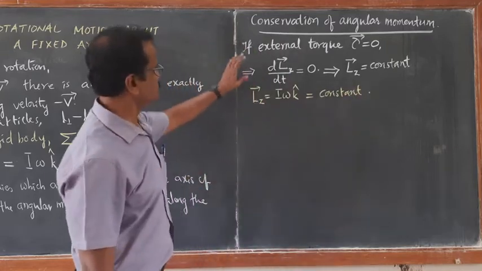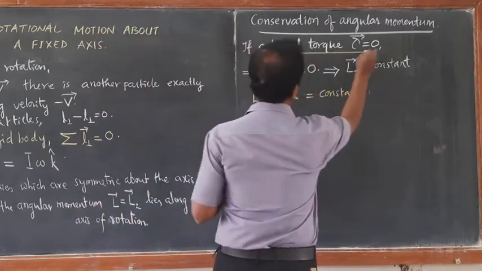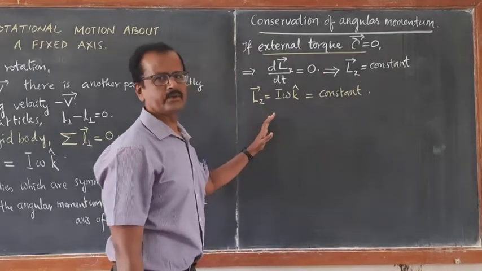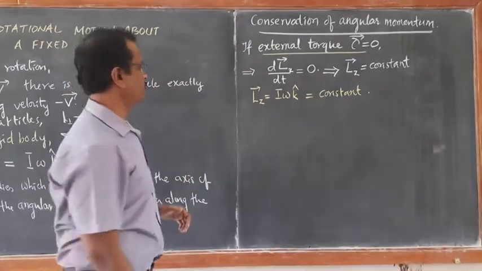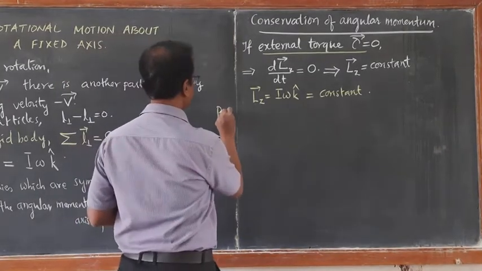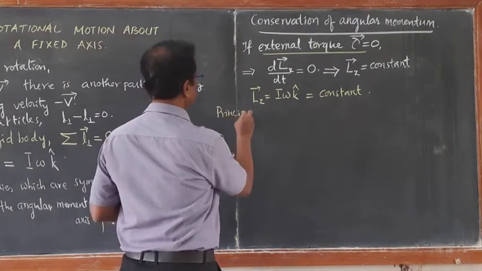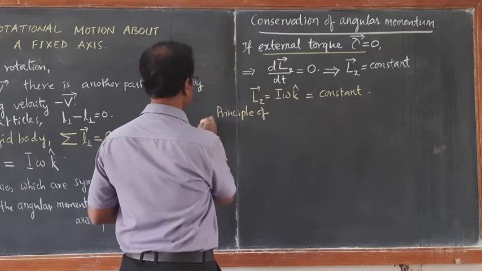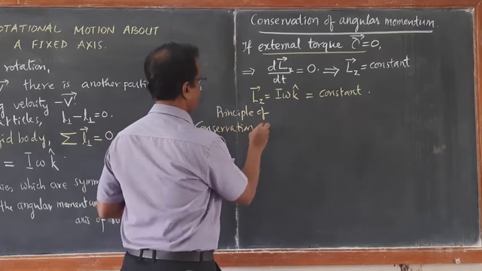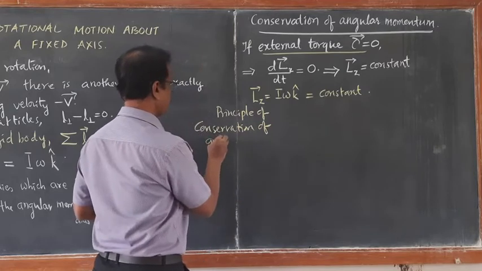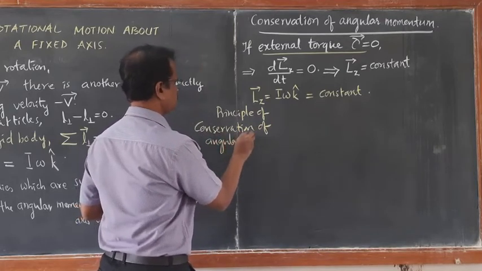This is the case when the external torque is 0. So this leads to what is known as the principle of conservation of angular momentum. What does it say?